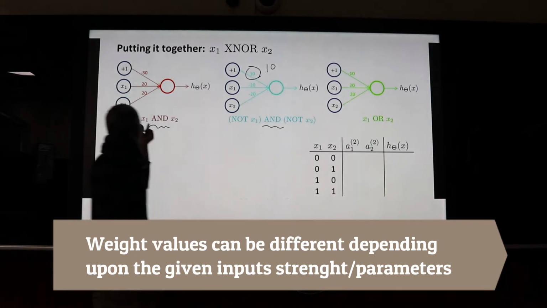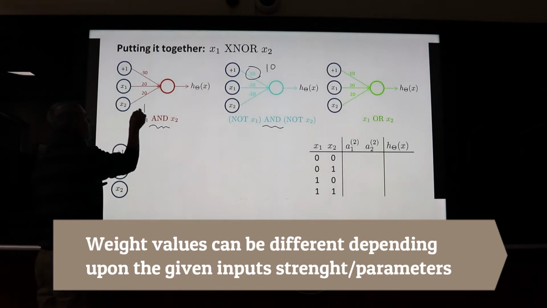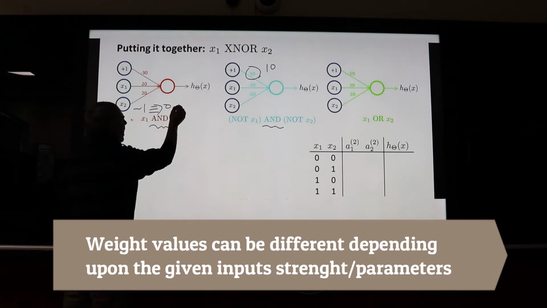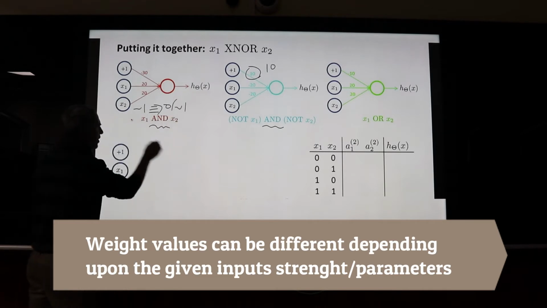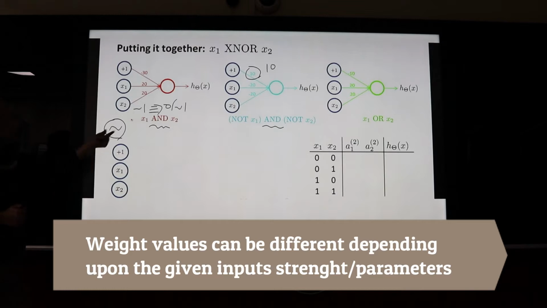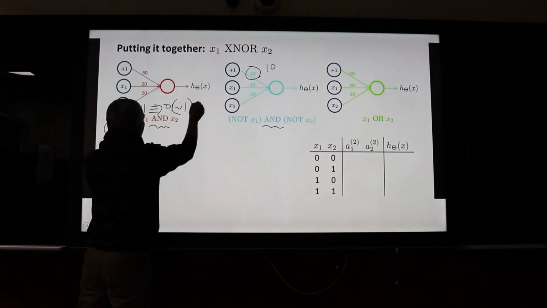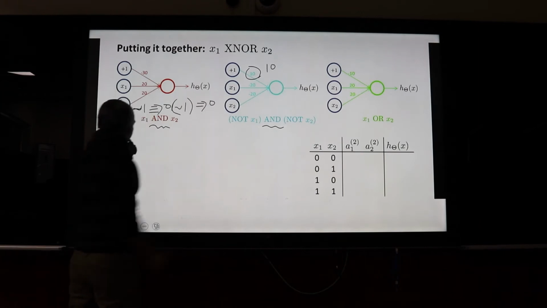But here in the case of binary, if the value is 1, after negating it, this 1 will be transformed into 0. This sign is telling us some kind of a negation symbol, so this will give us the value equivalent to 0.